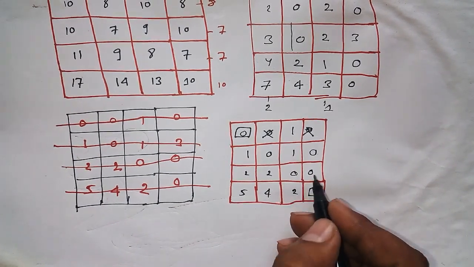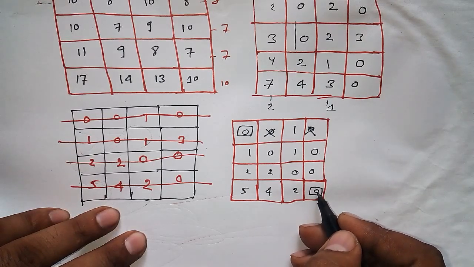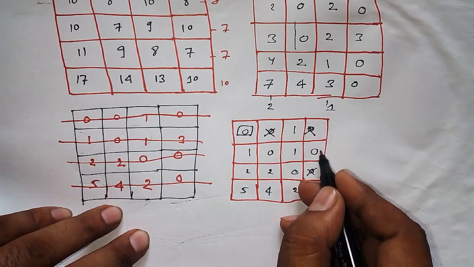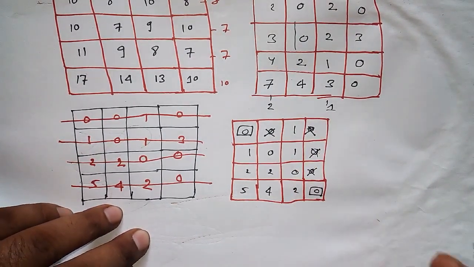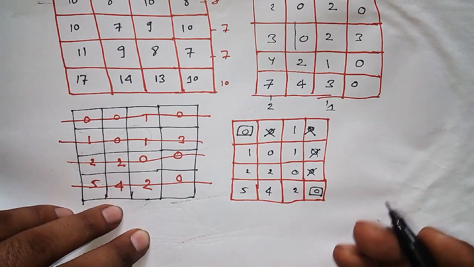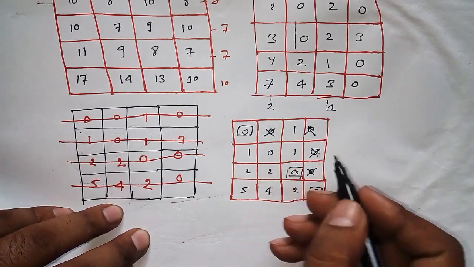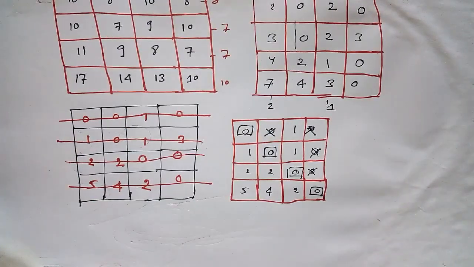Whenever we put a zero inside the rectangle, we have to cross the others in the same direction. Now again we need to find any zero in a row or column. So here we got this one, and this one also we have.